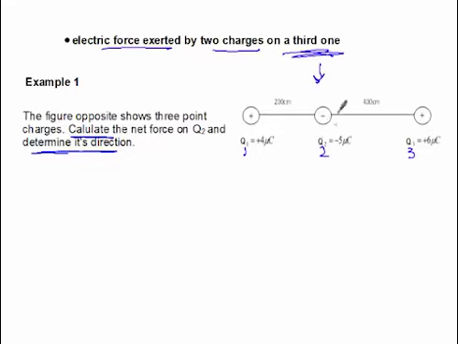Two forces are acting on Q2. We have to find each force, then get the resultant of both on Q2. Let's first determine the direction of the forces that are acting here on Q2.